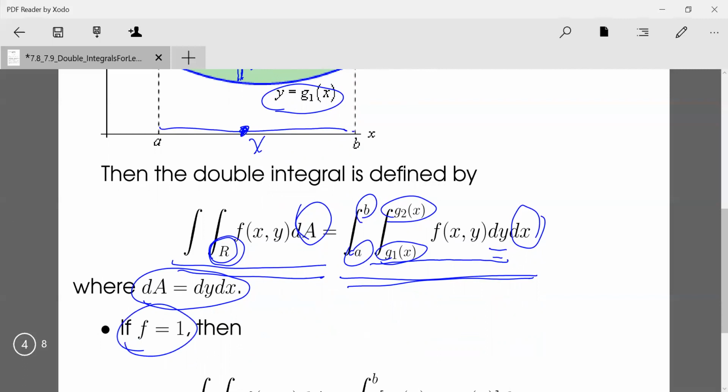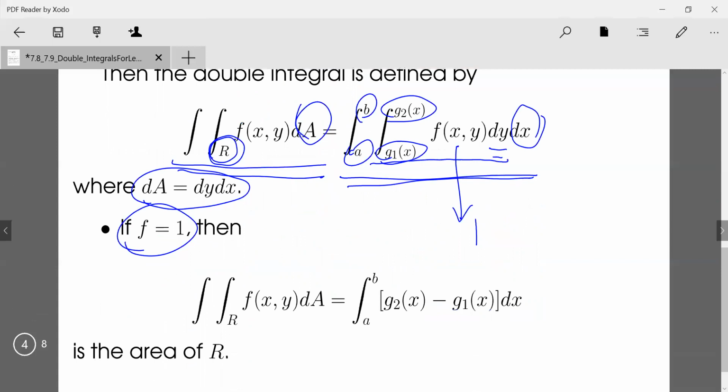If f equals 1, then when you integrate with respect to y from g1 to g2, we just get the length of this interval.